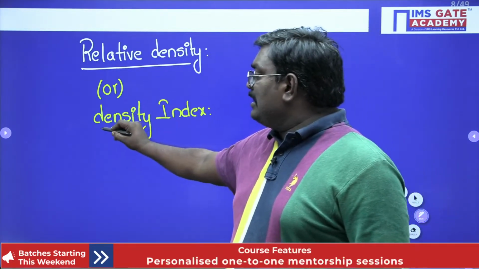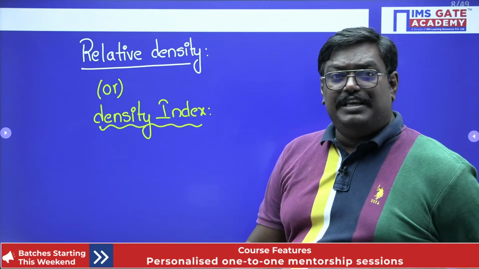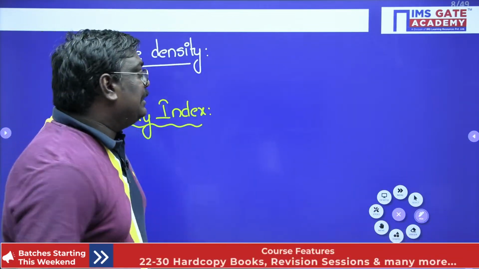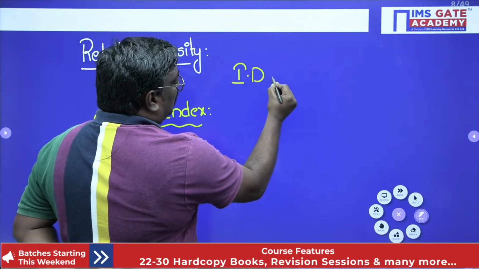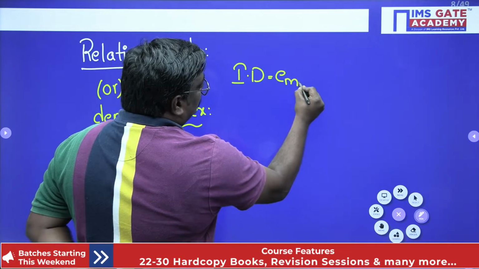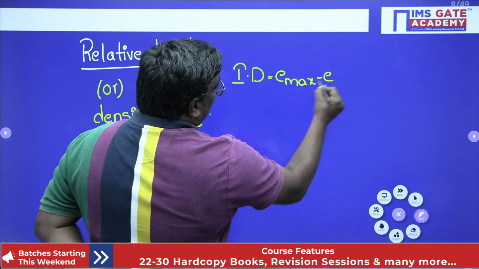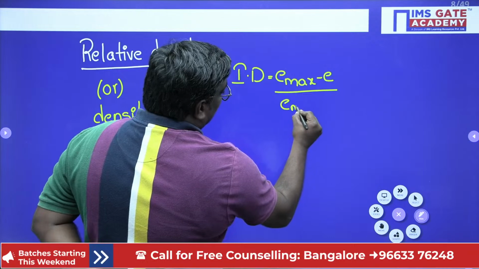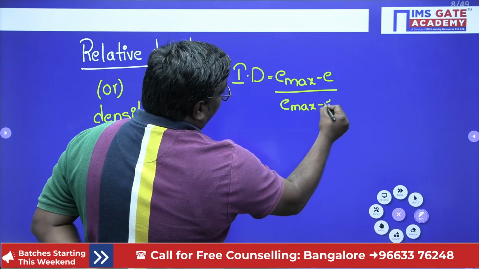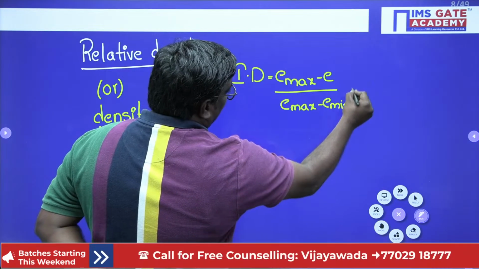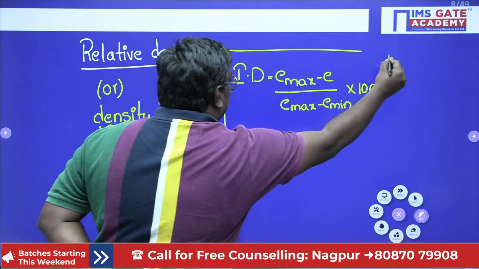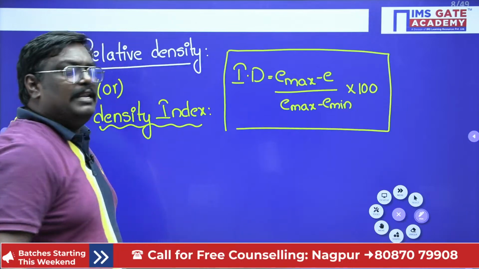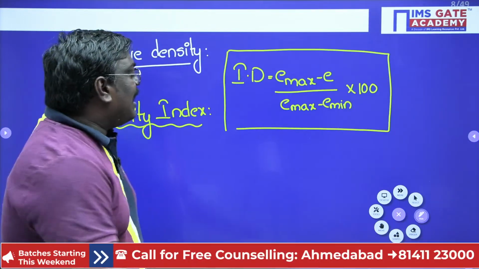Because the other name of relative density is density index, that is the reason it is denoted by ID. So here relative density ID is given by the formula (E max minus E) upon (E max minus E minimum) into 100. So what is E max here?